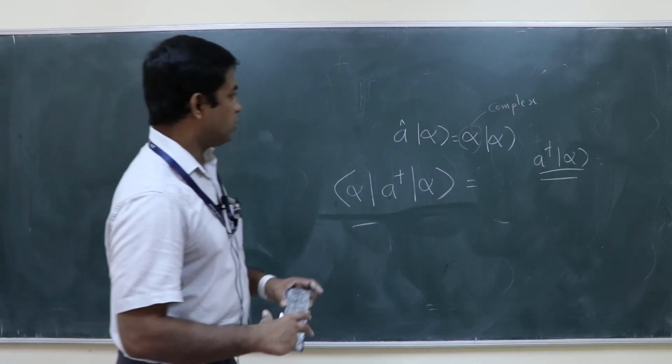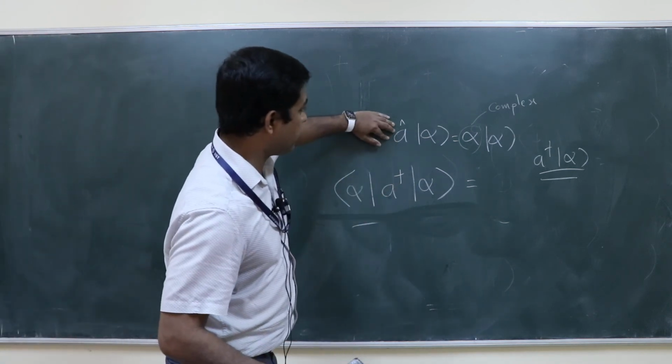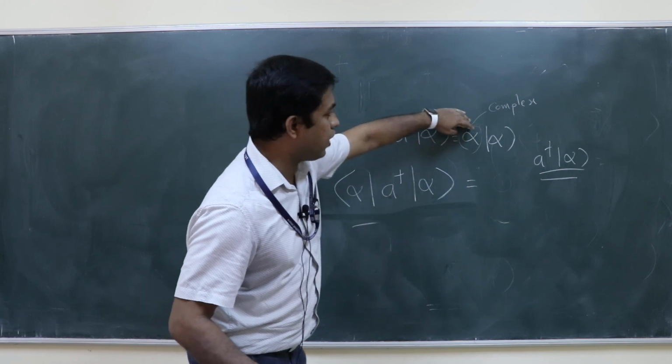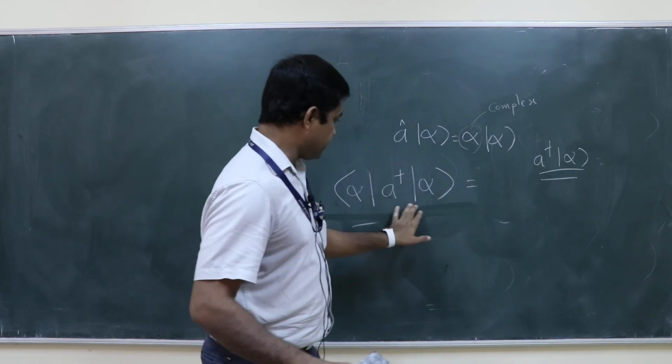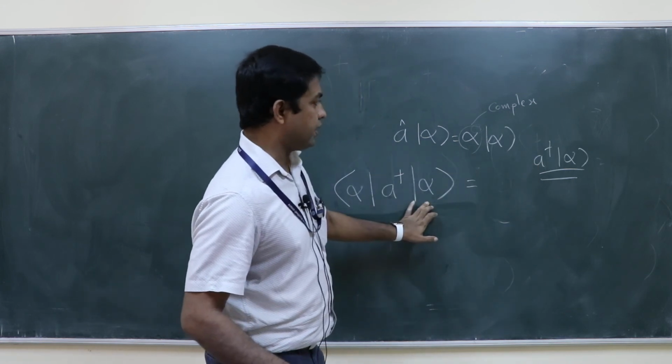Yeah. So what we have is A operator acting on ket alpha, which is equal to alpha ket alpha. But what we require from this is A dagger acting on ket alpha.